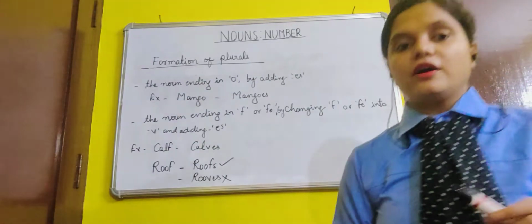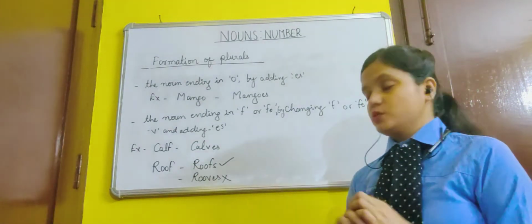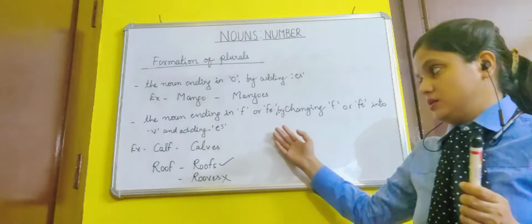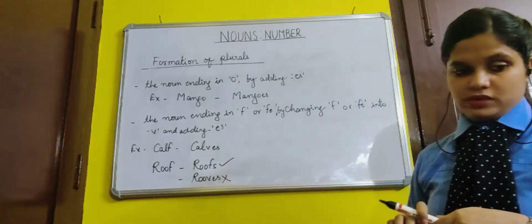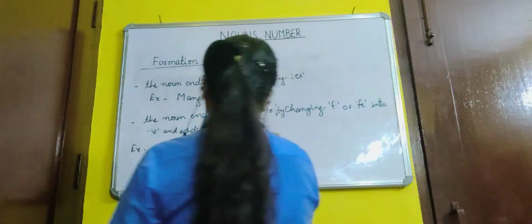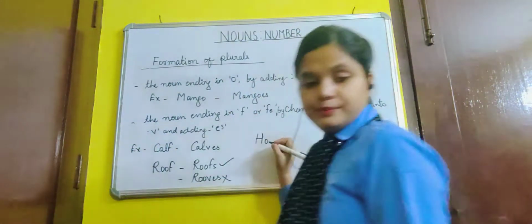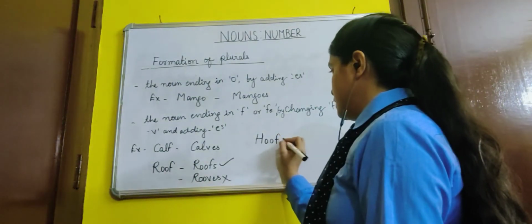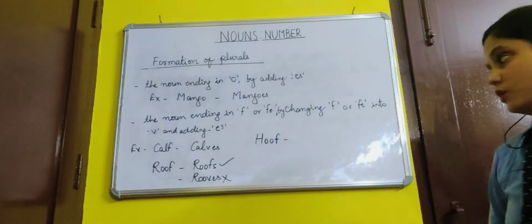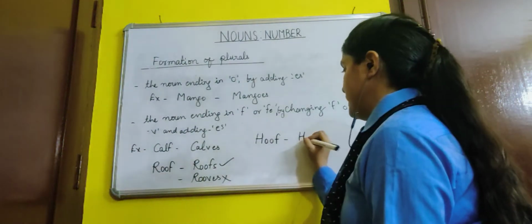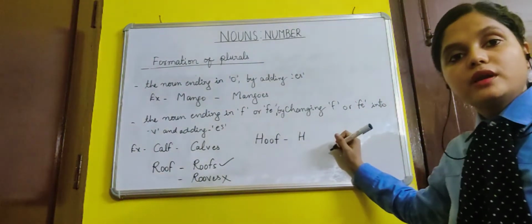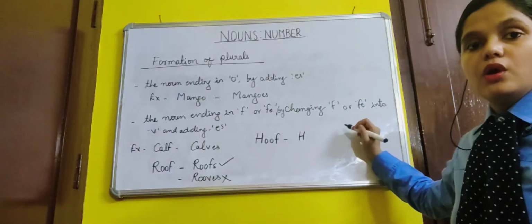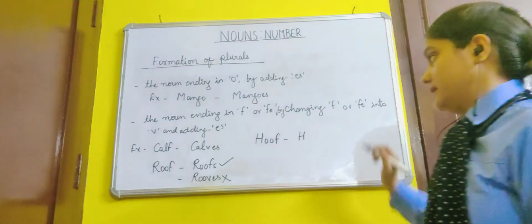Okay, so there are a few words which we can make either by applying this rule or by just simply putting s. Just see, there is a word hoof. So we can make the plural of it by applying this rule or by just simply putting s.